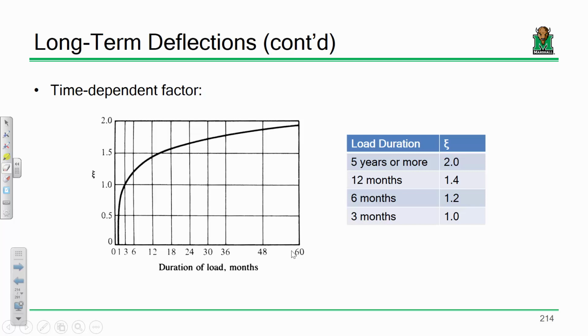Like in a classroom, maybe that load is only sustained for 9 months, because after 9 months they come in and clean the room out. That again boils down to judgment and a specific application. If you don't know, I might just say forever and take the maximum quantity, which would be 2. Does that make sense? It just depends on the application.